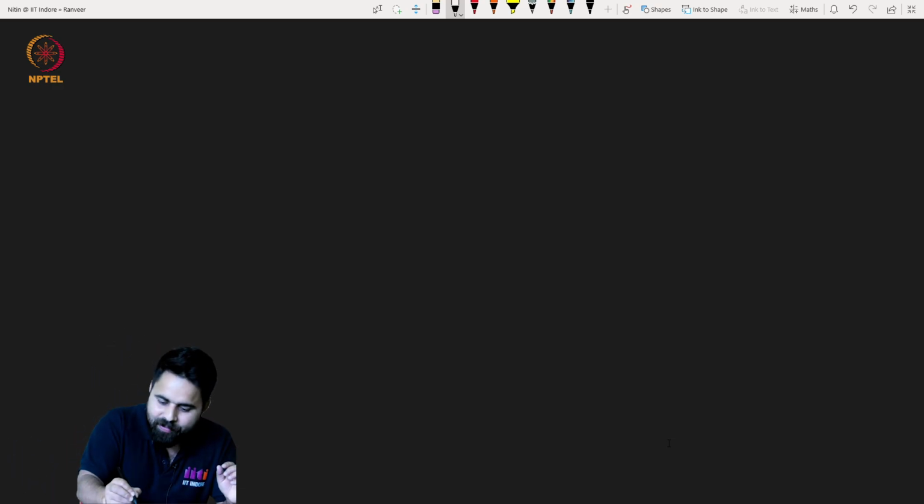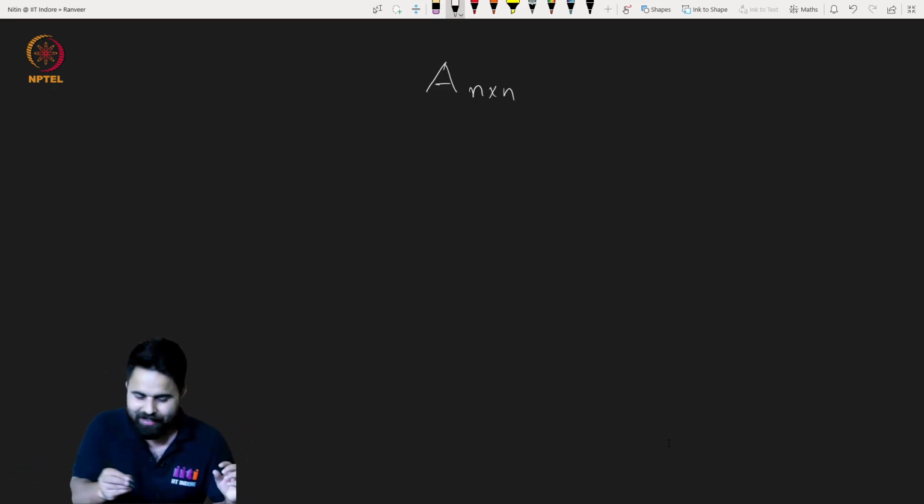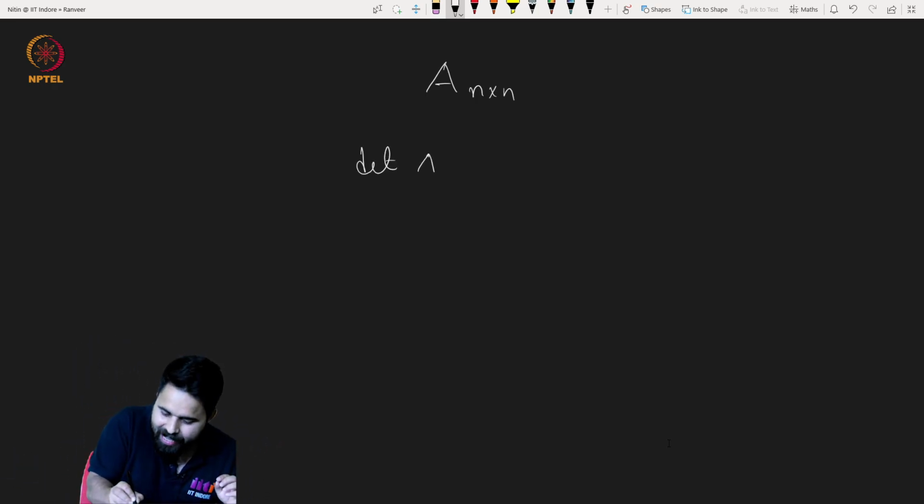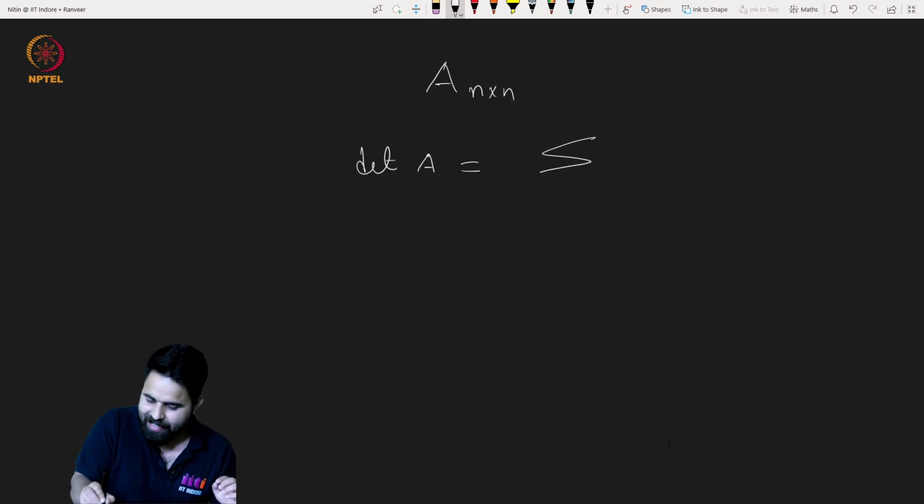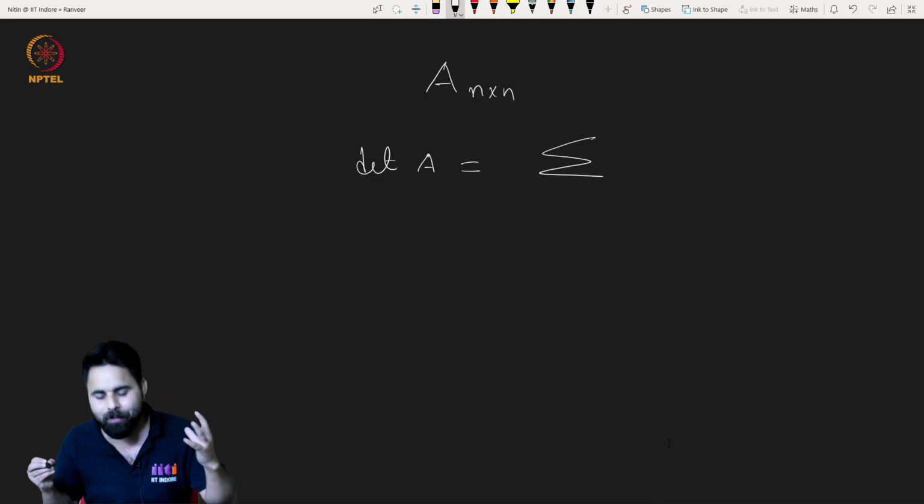Suppose we have a matrix of order n cross n. The formula is given by this. The determinant of A is nothing but the summation over all the permutations.